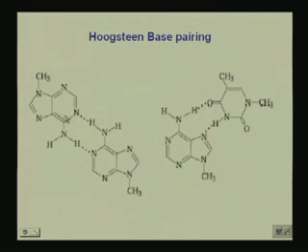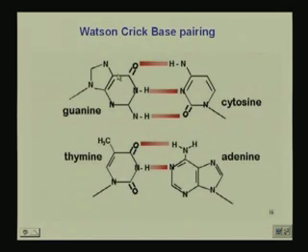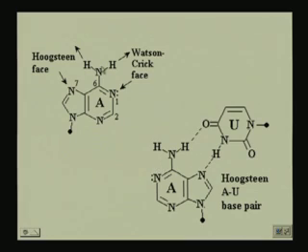We have 2 purines linked together, where in the normal Watson-Crick case, you would always have a purine linked with a pyrimidine. Here again we have a purine linked with a pyrimidine, and if you notice, this 6-membered ring of adenine is involved in the Watson-Crick base pairing, whereas in the Hoogsteen pairing we have the nitrogen of the 5-membered ring take part in the hydrogen bonding with another base.